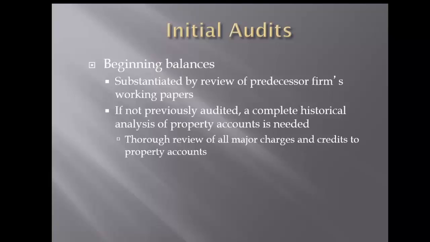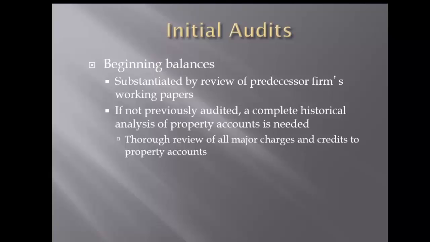The initial audit begins with balances, substantiated by a review of the predecessor's working papers. So if there was a predecessor auditor, it's actually very important that we understand these beginning balances, especially as it relates to depreciable assets, because there may be something there that maybe costs $1 million, but it's only being reported on the balance sheet at $700,000.